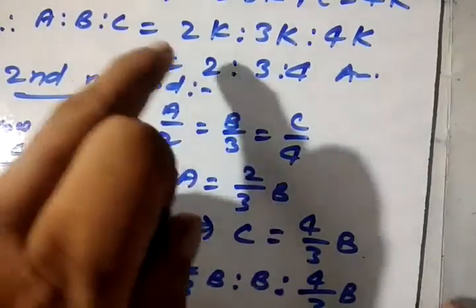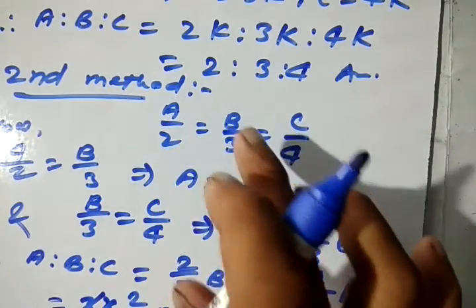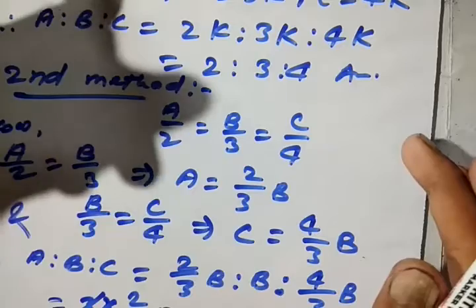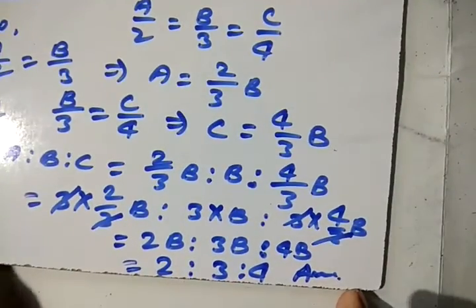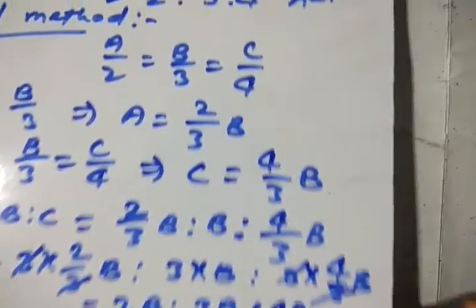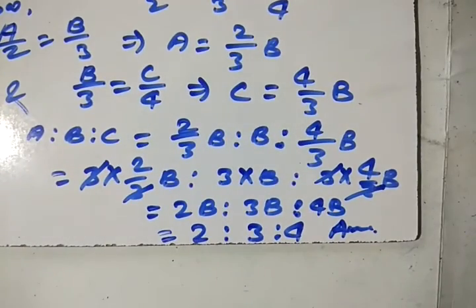Here we see the answer in the first method and the second method. In both methods the answer is the same. Thank you for visiting this video. The remaining questions from this chapter will be continued in the next part of the video.